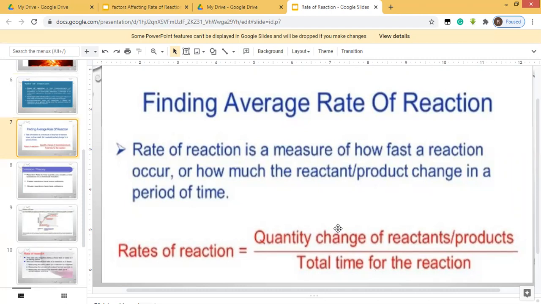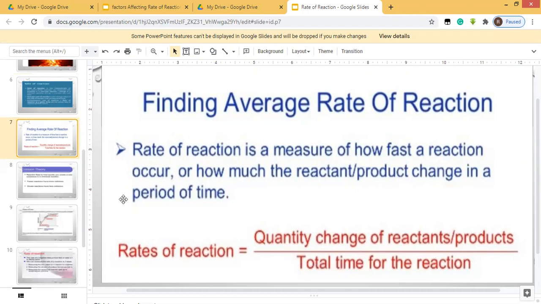You may say the rate of a reaction is the decrease in the concentration of reactants per unit time, or the increase in the concentration of product per unit time. And this is the mathematical derivation of the rate of reaction, in which there is a decrease in the concentration of the reactant or an increase in the product per unit time.